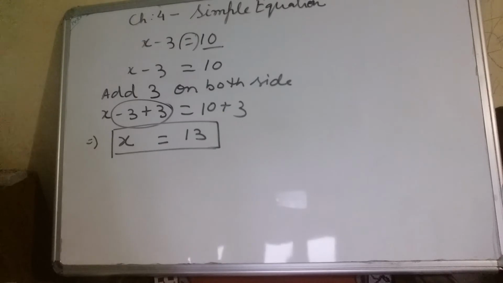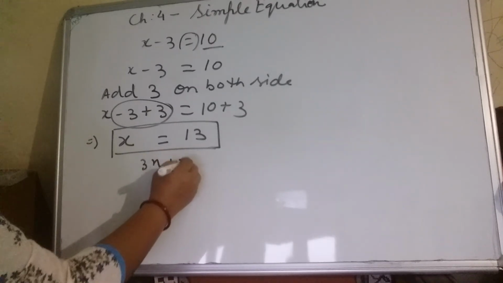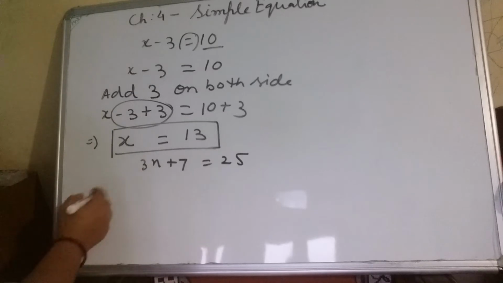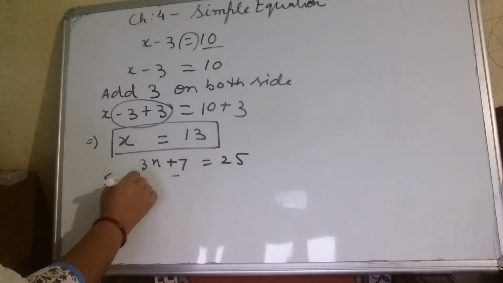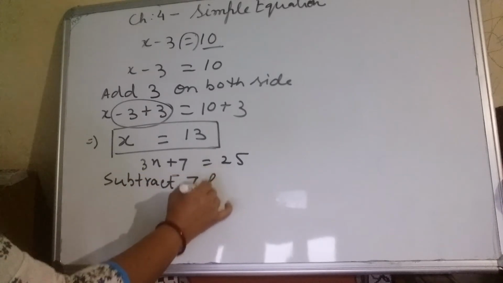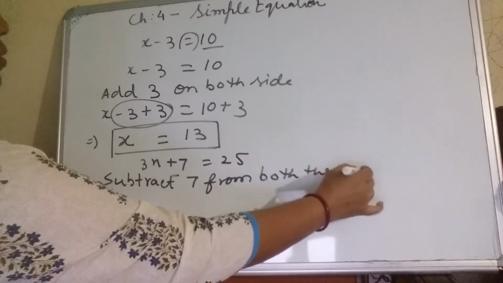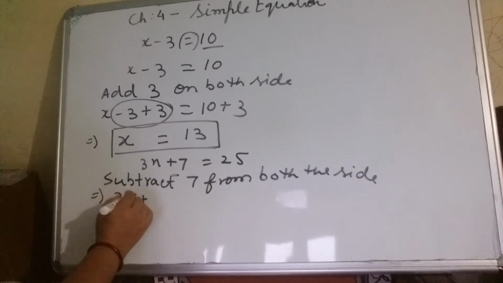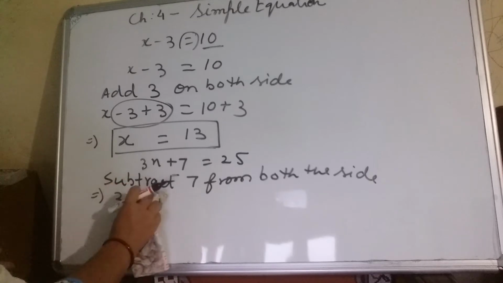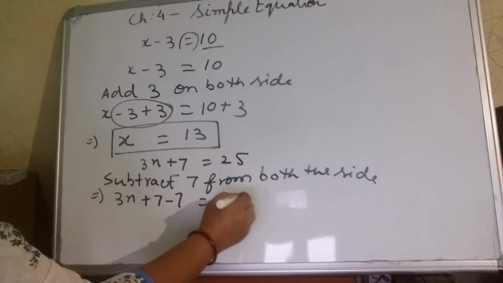Now take another example: 3n plus 7 equals 25. So here it is plus, so I have to subtract 7 from both the sides. What will I get? 3n plus 7 minus 7, 25 minus 7.